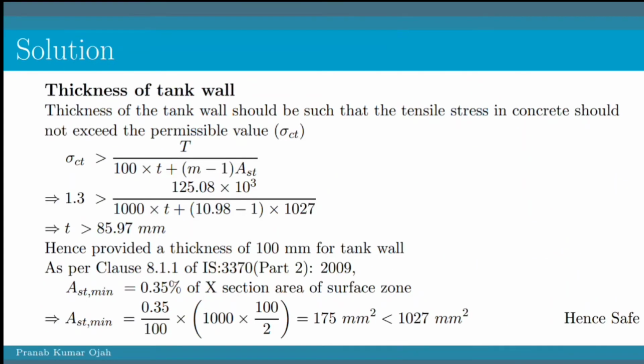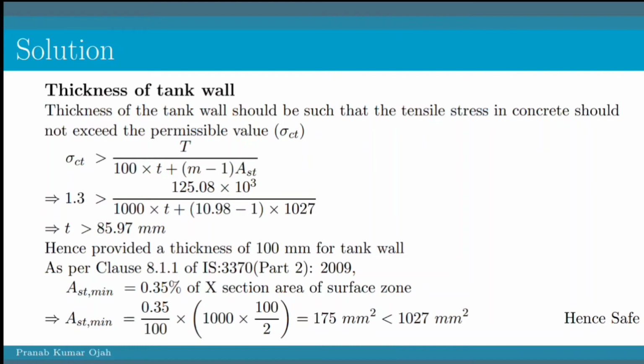Next, thickness of tank wall. The thickness of the tank wall should be such that the tensile stress in concrete should not exceed the permissible value. Means sigma ct should be greater than T divided by 1000 into small t plus m minus 1 into AST.